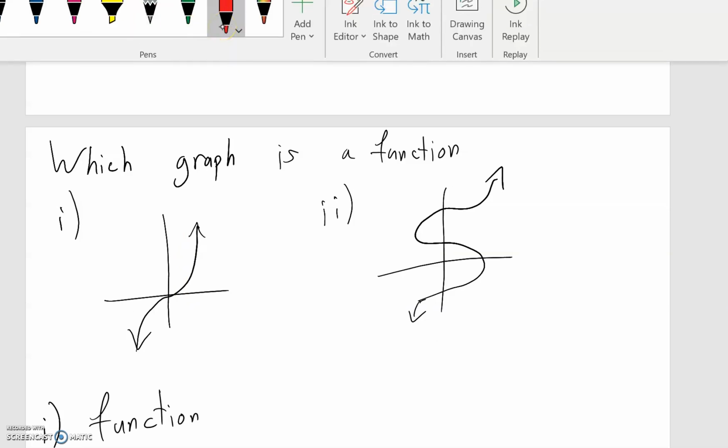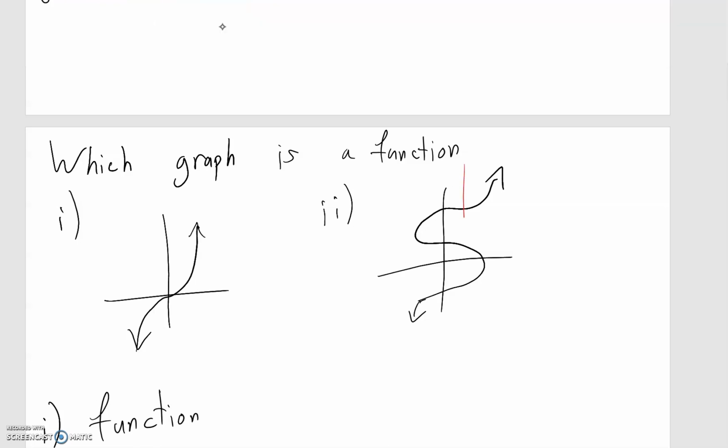Number 2 is not a function. Why? For number 2, there are vertical lines that we can draw that will touch the function in more than one point. Take a look here. If I draw a vertical line right here going straight down, you can see here this vertical line will pierce the function here, here, and here.